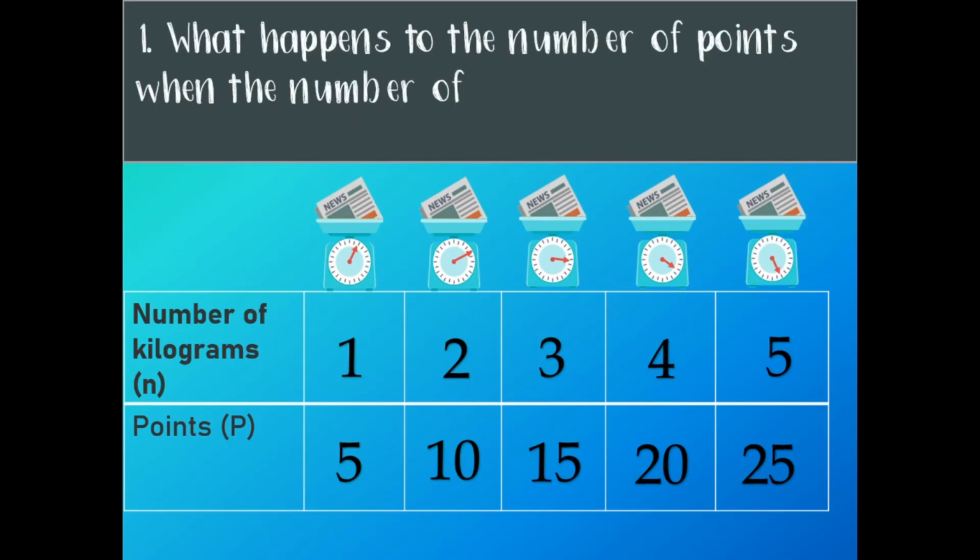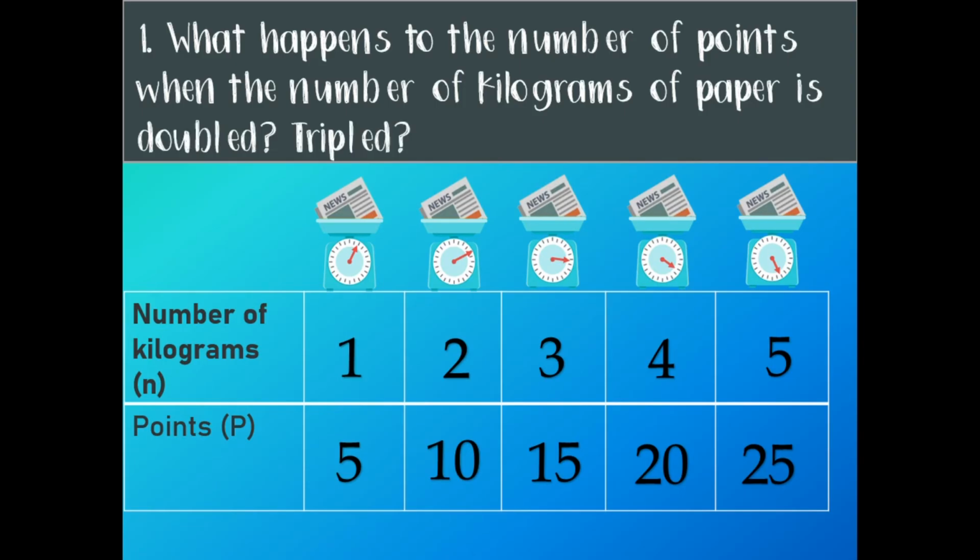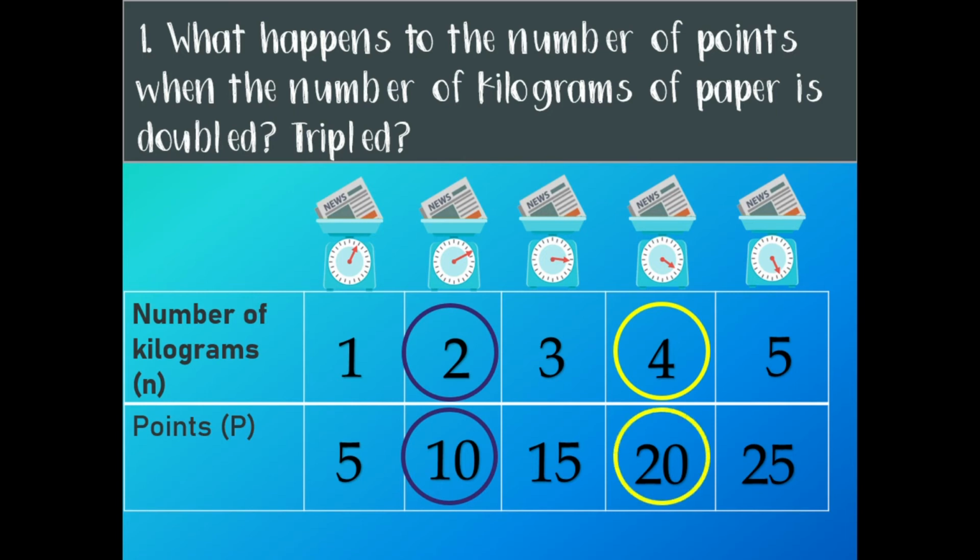Question number 1. What happens to the number of points when the number of kilograms of paper is doubled or tripled? For example, when 2 kilograms, which is equivalent to 10 points, is doubled, then it becomes 4 kilograms, which has an equivalent of 20 points.